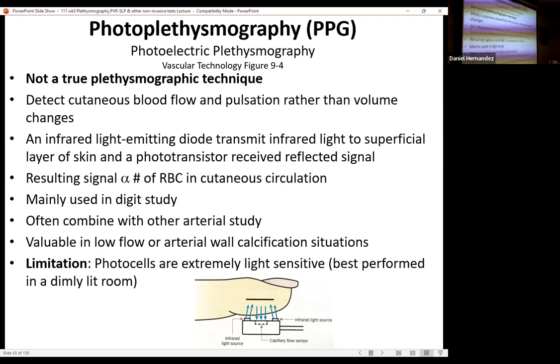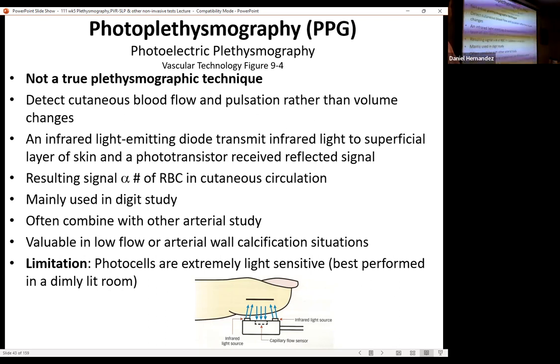It's similar to the pulse ox they put on your finger at the doctor's office, but pulse ox measures oxygen saturation. This one measures the actual number of red blood cells, which can be lower in some people, especially if they're sick or anemic, and that alters things.